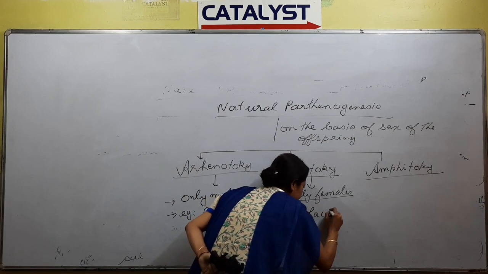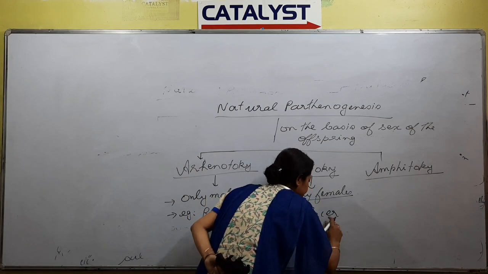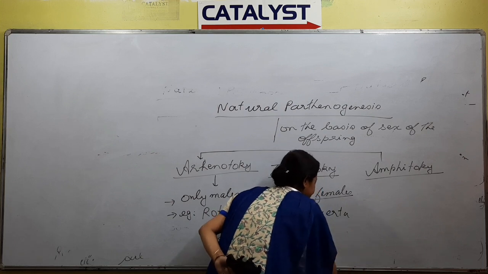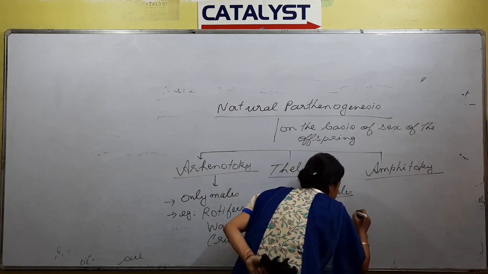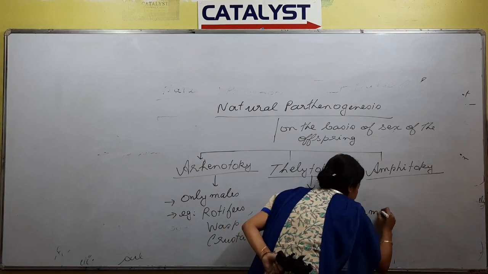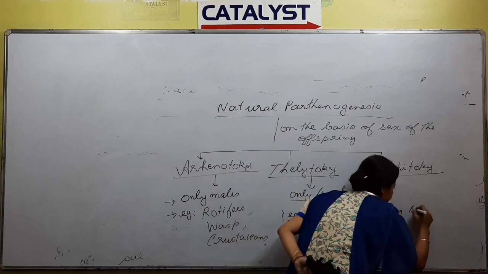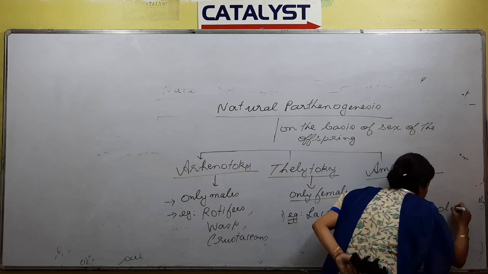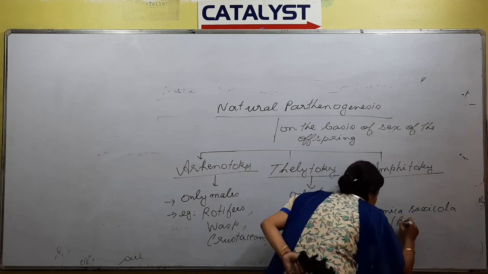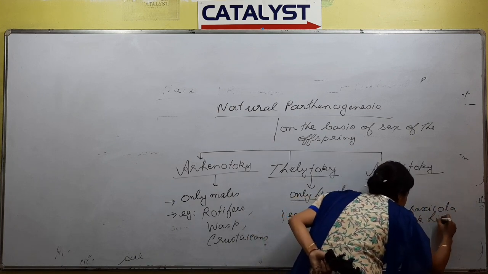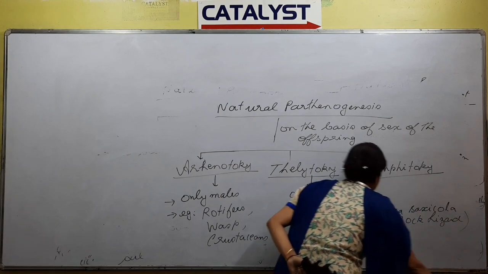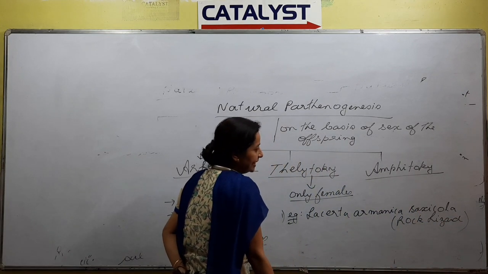Amphitochi Lacerta. We have a long name and that is what is called as rock lizard, right? It is called as Lacerta armeniaca saxicola. That is the first example.